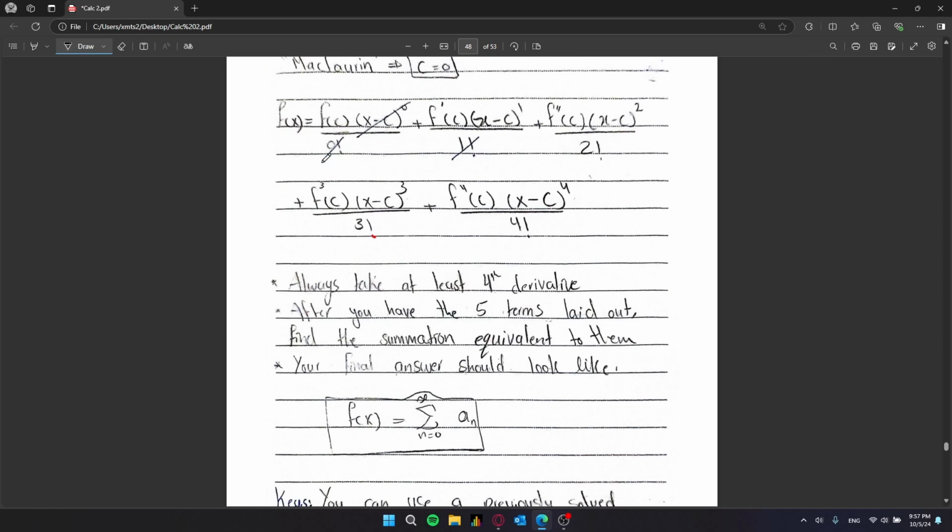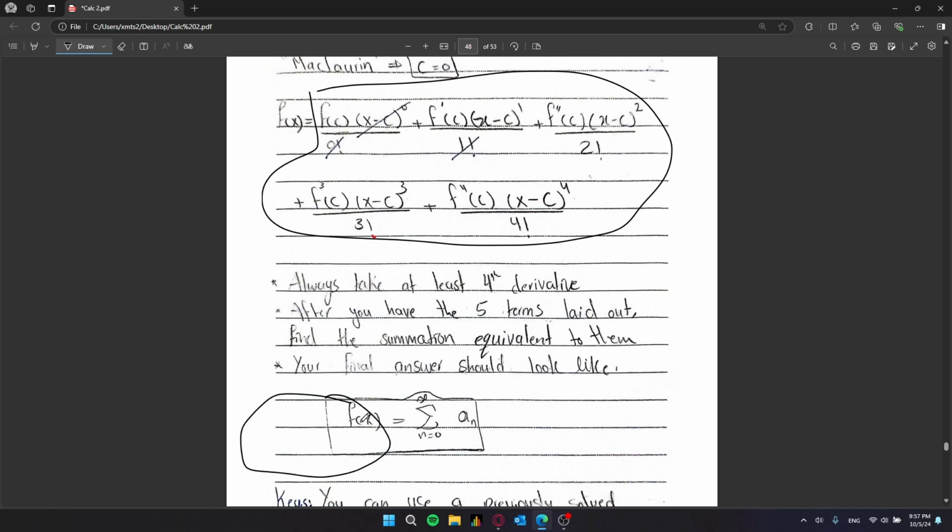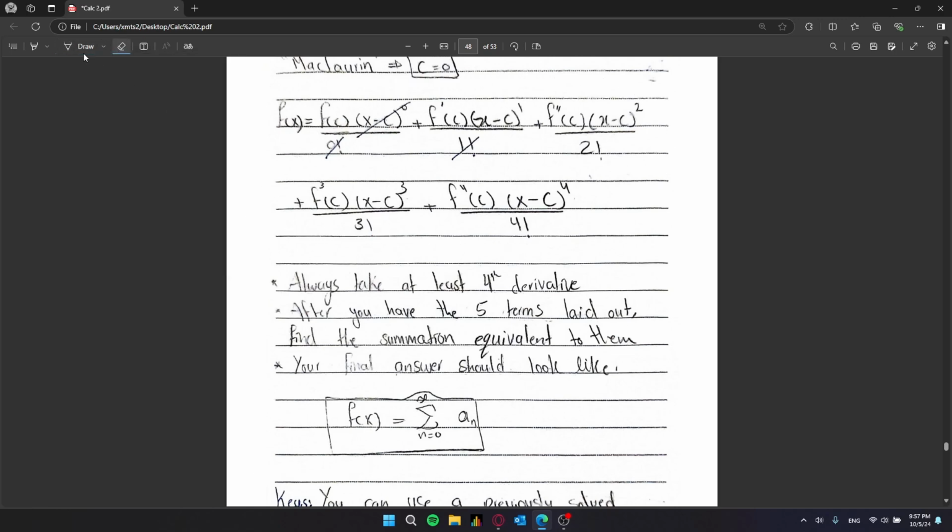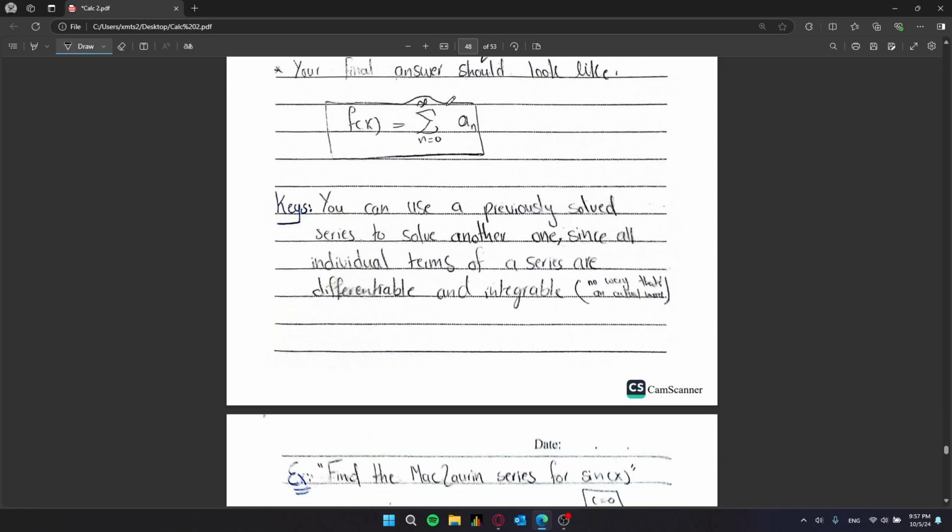This is the function, so all of this is f of x. It's going to be equal to some summation. This is going to make a lot more sense once you see, at the very least, an example. You use a previously solved series to solve another one.